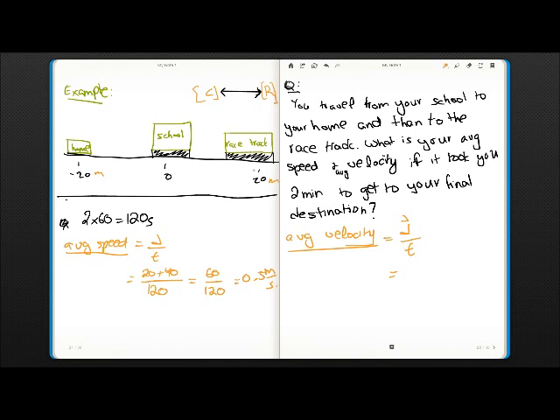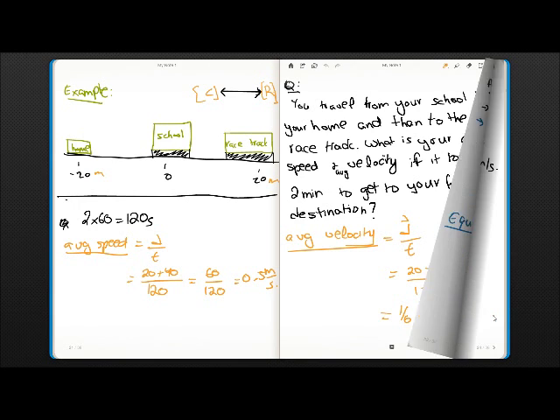It's plus 20 to the right. Therefore, delta d equals 20, the final position, minus the initial position, which is 0, over 120, and that gives us 1 over 6, which is approximately 0.167 meters per second. And you also need to include the direction, so since it's to the right, you put right.